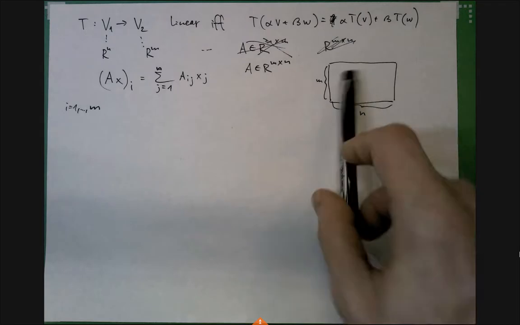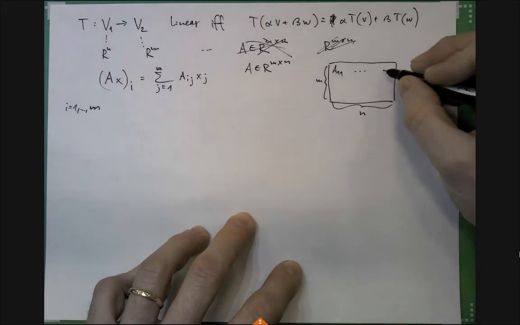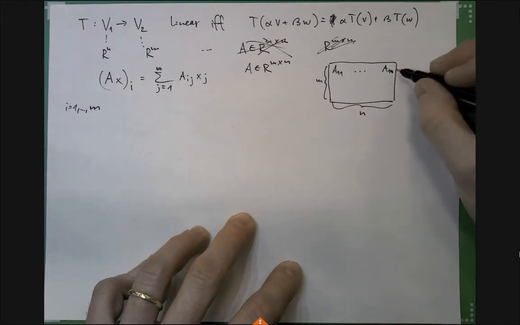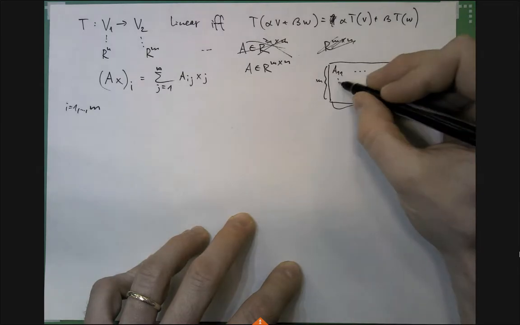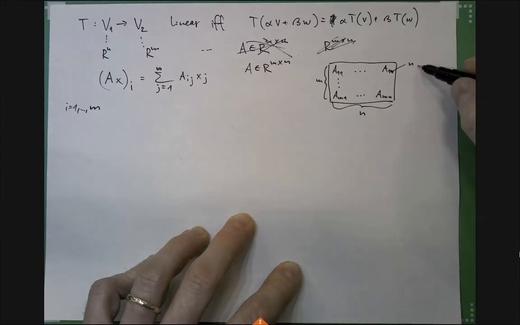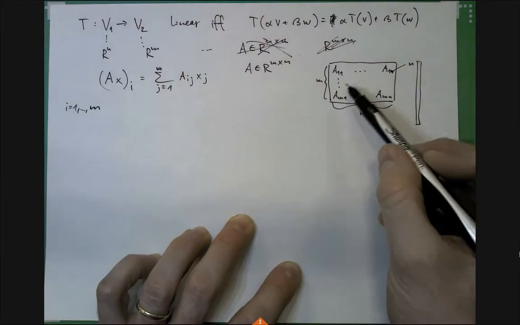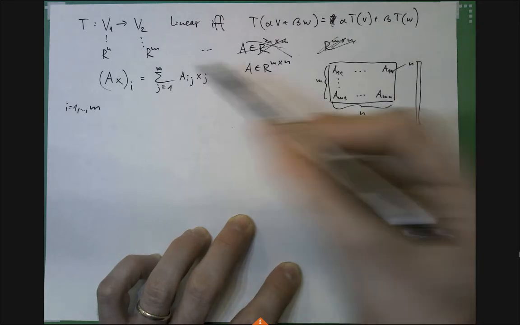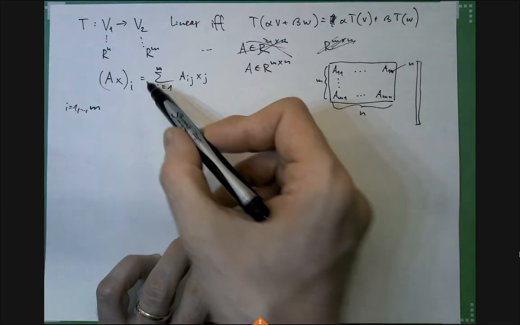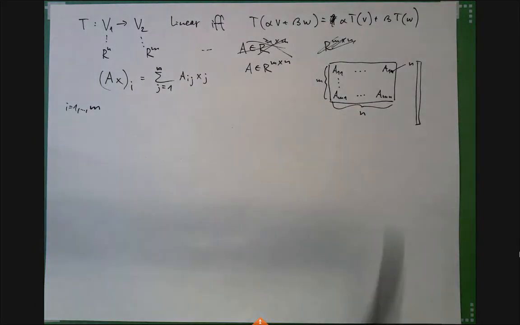If you get confused, draw a picture of the matrix: A11, A1n, down to Am1 up to Amn, right? Hitting it with an n-dimensional vector means doing this. This would be vector x. So indeed, the result is indexed from 1 to m, and the sum goes over j from 1 to n. This is how you can reconstruct this formula if you need to code it up or something.